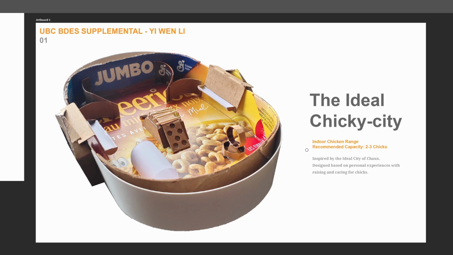Now, I did go above and beyond and said like recommended capacity and this and that. However, you don't have to. Do as you wish. So this is based on personal experiences with raising and caring for chicks, and this is important because now they know you have more information and you do have more knowledge that you can approach this prompt with something a bit different compared to other people perhaps.